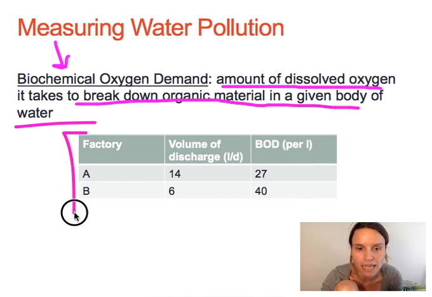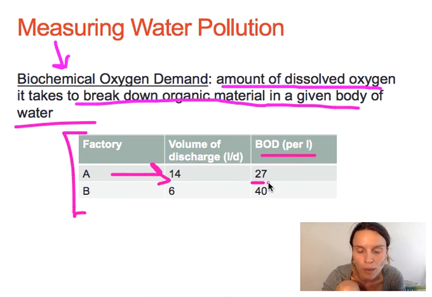So in this example table, you have two factories. Factory A produces a volume of 14 liters a day of some kind of a discharge. And the biochemical oxygen demand of that discharge per liter is 27. So it takes that much dissolved oxygen to break down that organic matter.